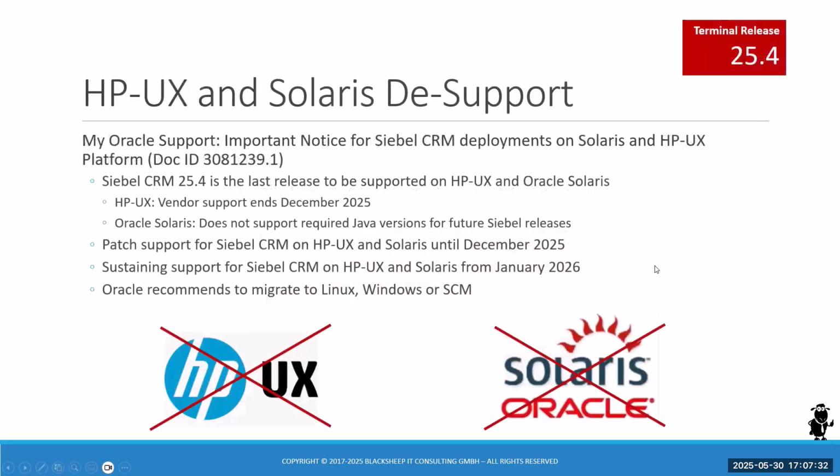Okay, and then, speaking of operating systems, you will not find installers for HP-UX and Solaris starting with 25.5, because as discussed last month, 25.4 is the terminal release for those operating systems, with guidance from Oracle to migrate to other operating systems, preferably Linux, I guess, because it's very Unix-ish.